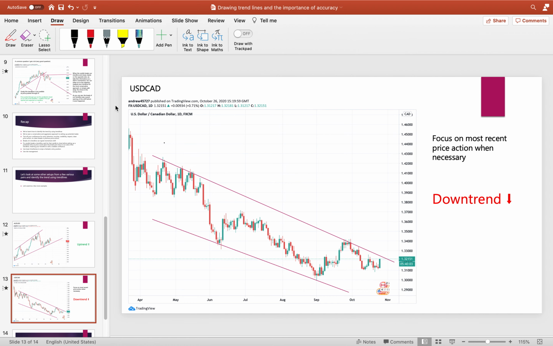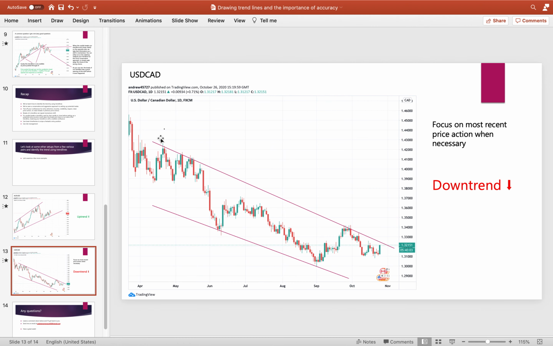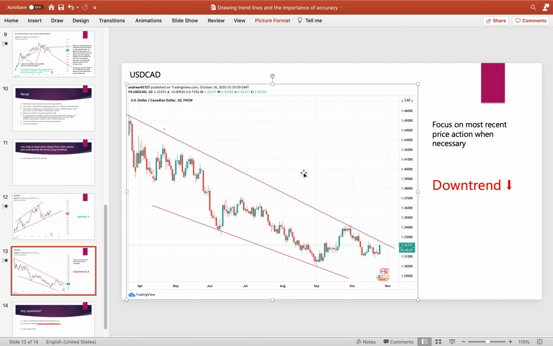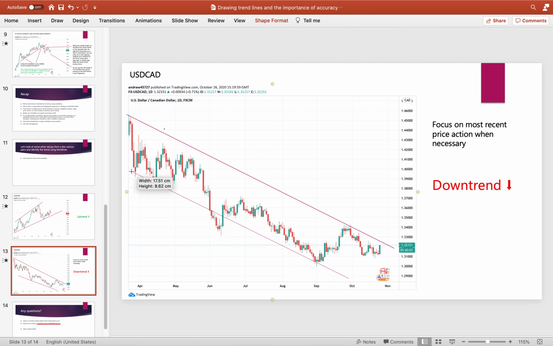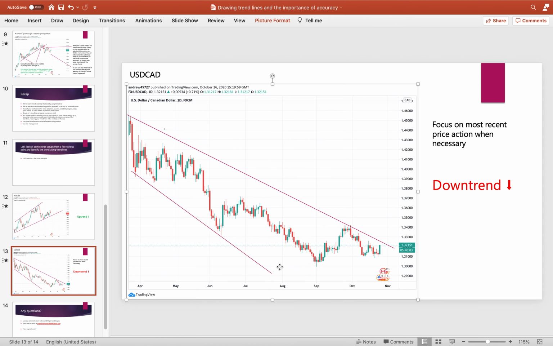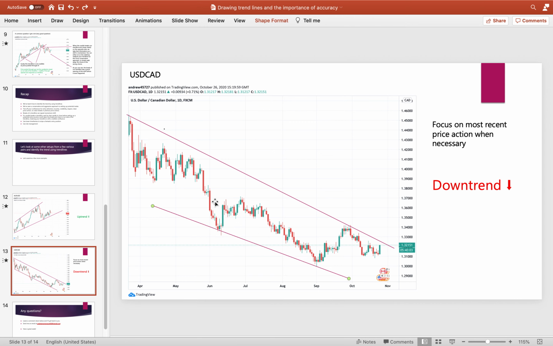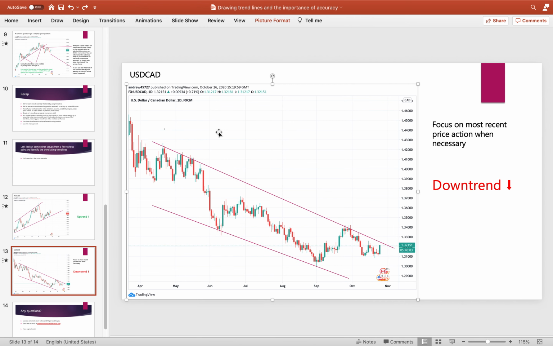There we go. So what I mean by that is, some people will draw their trend line like this at the top there, which again isn't a bad thing at all. They might want to draw it from here, which again isn't a bad thing, and what they would do is channel it like that. Now, what I mean by focus on recent price action is that you're missing out on these lower highs here. If we go back to where that was, the way I've drawn this trend line is to focus on the most recent price action, okay?